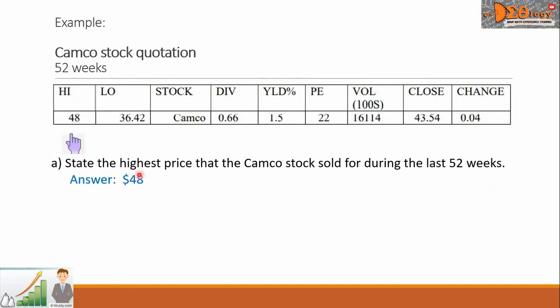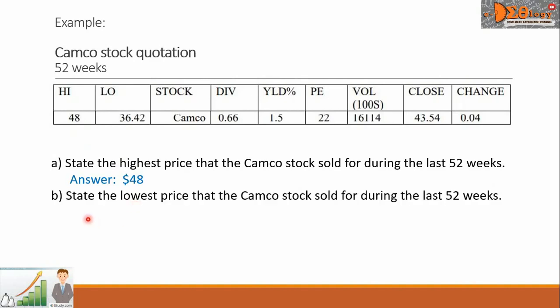So our answer is this $48. Letter B. State the lowest price that the CAMCO stock sold for during the last 52 weeks. Our answer is this $36.42.